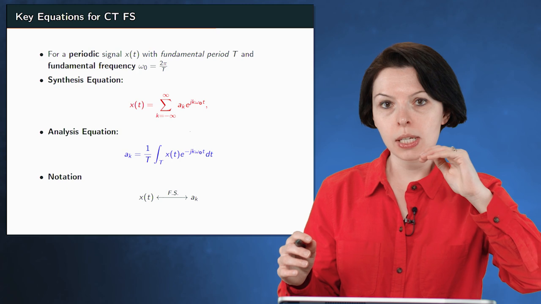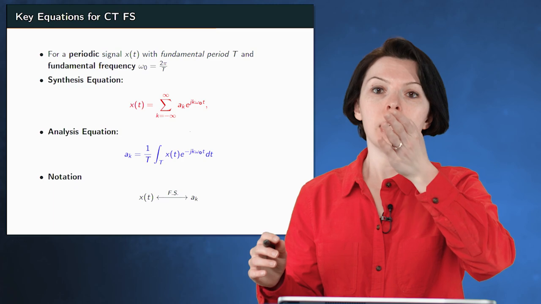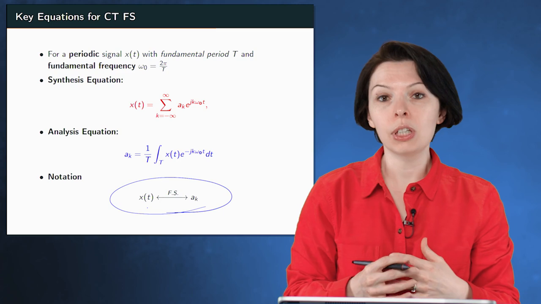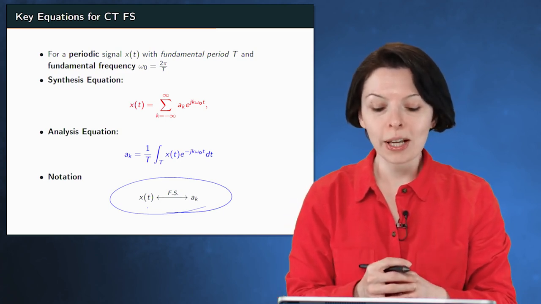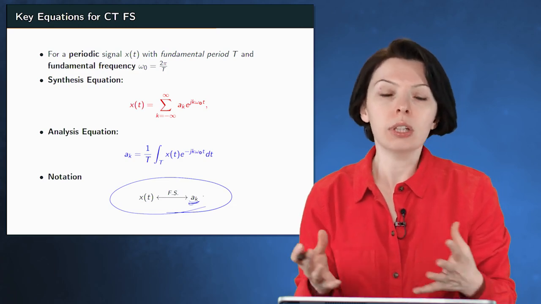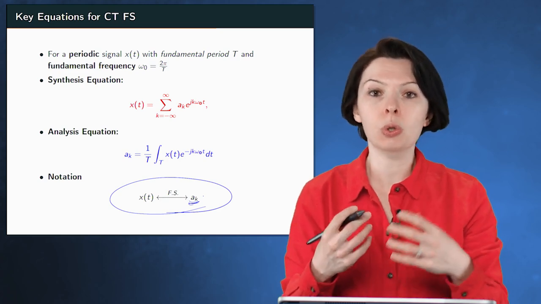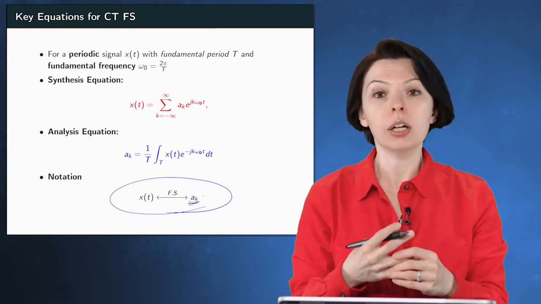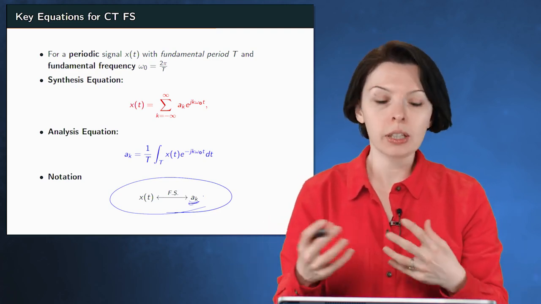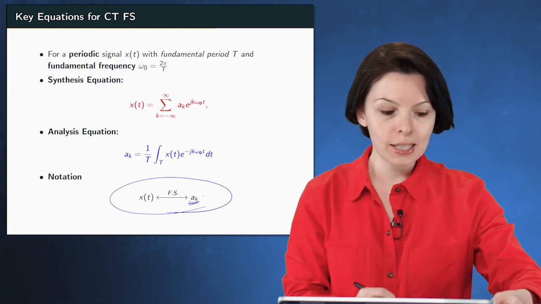The analysis equation is a k equal to 1 over T, integral over one period, x of t e to the minus j k omega naught t dt. The Fourier series of x of t is represented with a k. The a k values are unique, but the letter or notation that we use to show the Fourier series coefficients is not unique. You can show the Fourier series coefficients of x of t with b k, c k, or anything that you like. Generally speaking, a k is used.